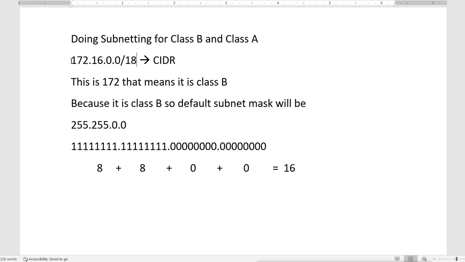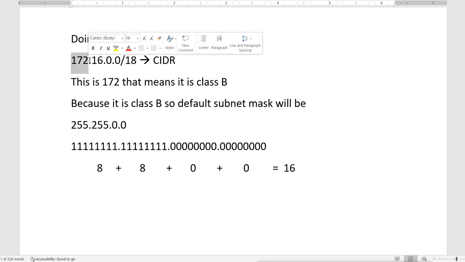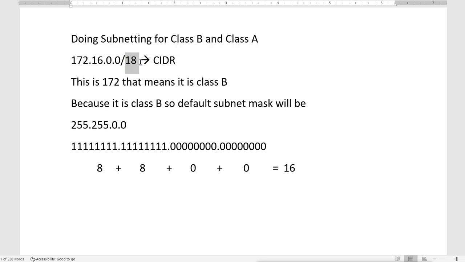So when it is class B and you get /16, there is no subnetting. But here we have /18. That means some extra bits are enabled from the host part, so subnetting is happening.